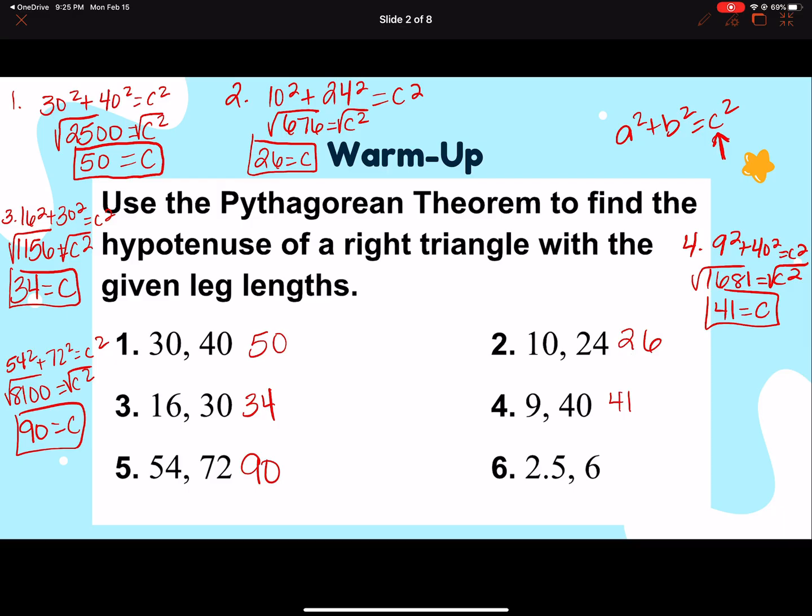Okay, we got one more here, and we should have done 2.5 squared plus 6 squared equals c squared. And that would be 42.25. So to get c, I would take the square root of that.